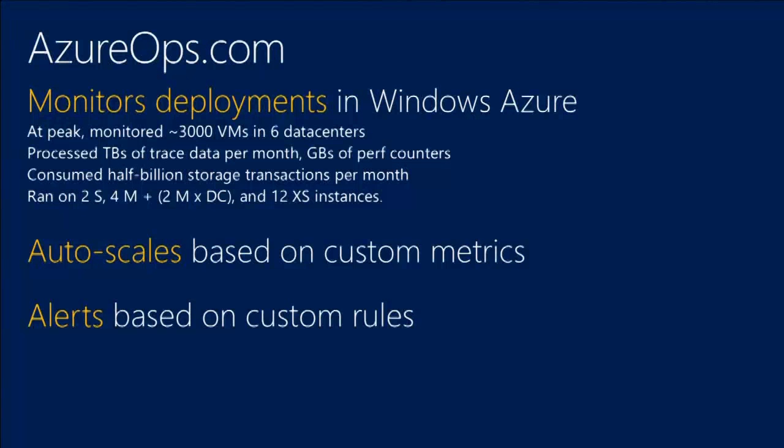All right. So one of the first services I was involved with and built was something called AzureOps.com. Now, AzureOps.com actually was a monitoring service. We monitored at our peak a few thousand VMs, and we were aggregating and analyzing and indexing trace data and performance counters.